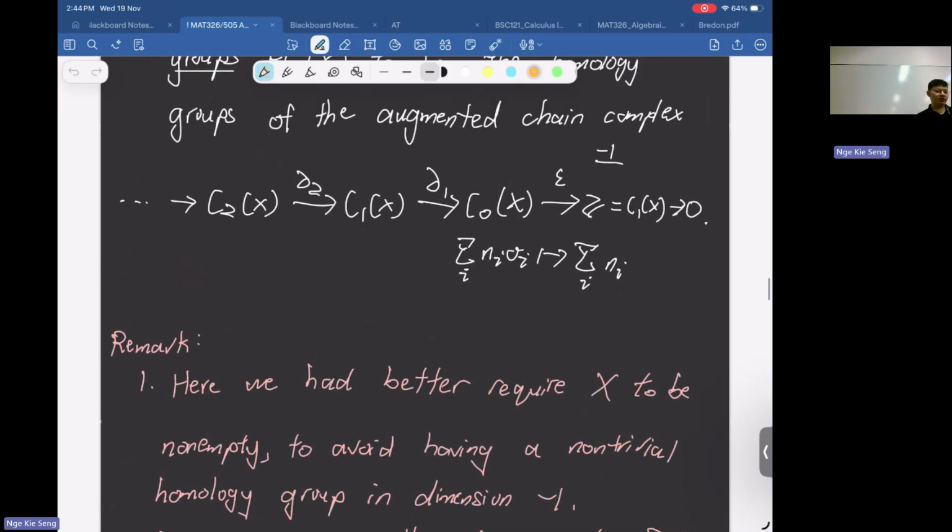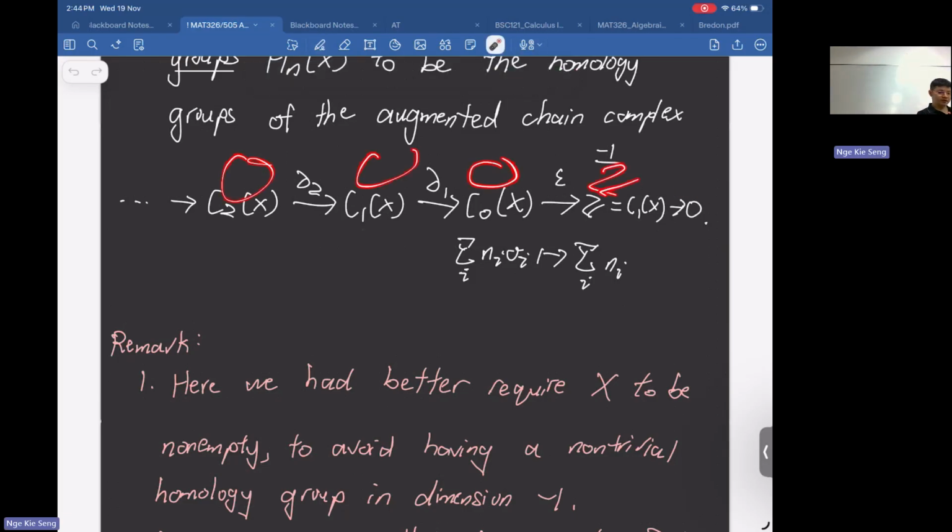If it's empty, then other than degree -1, they are all zero, and there's no map. So you are left with 0, 0, 0, Z, and then 0, 0, 0, 0. The kernel of Z going out is Z, and there's no image coming in, so Z survives. Everyone okay or not?